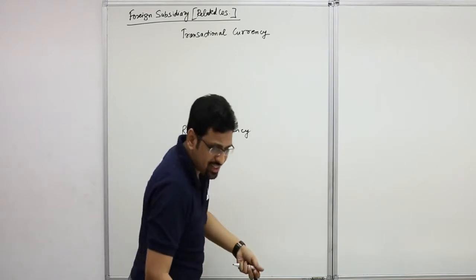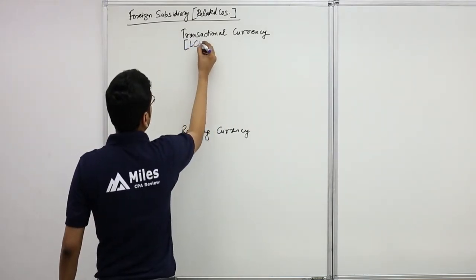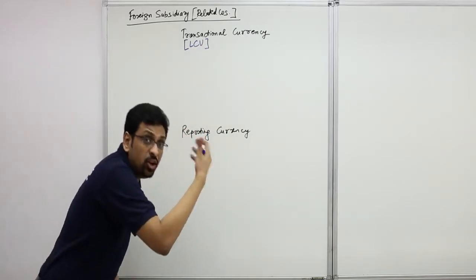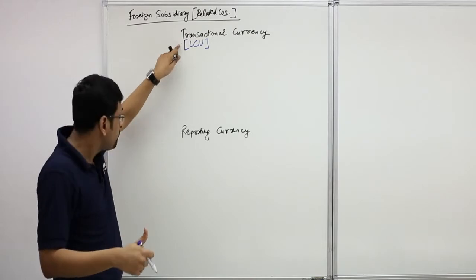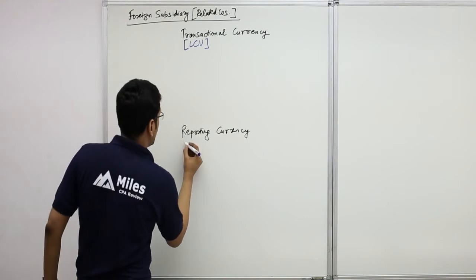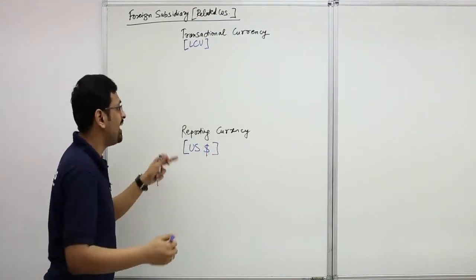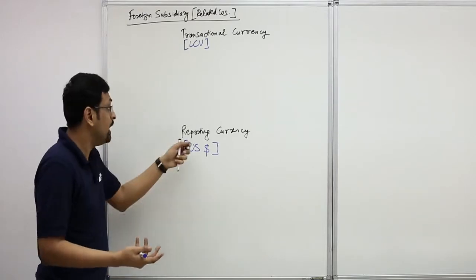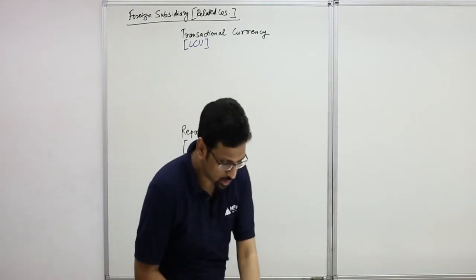The transactional currency, let me put it as local currency unit. So this would be Canadian dollars or Mexican peso or the UK pounds or the Indian rupee. Reporting currency, if it's a US parent, the reporting currency is going to be US dollars. So this is the currency of the parent where the consolidated financials are reported in this reporting currency.